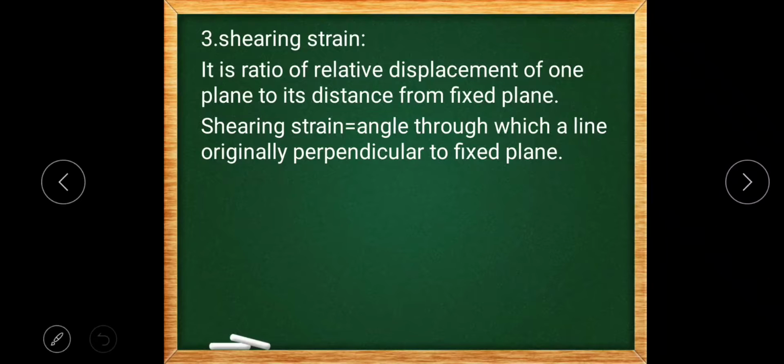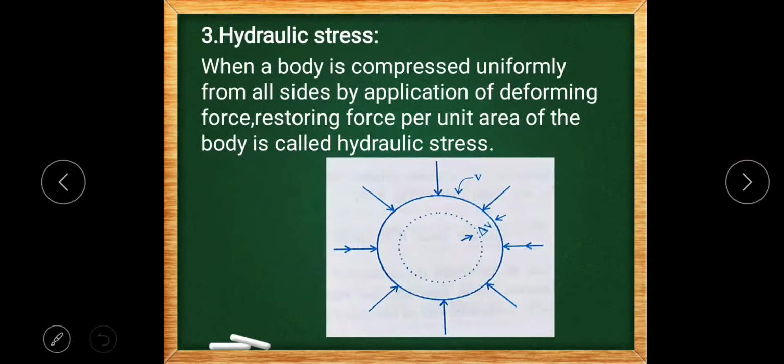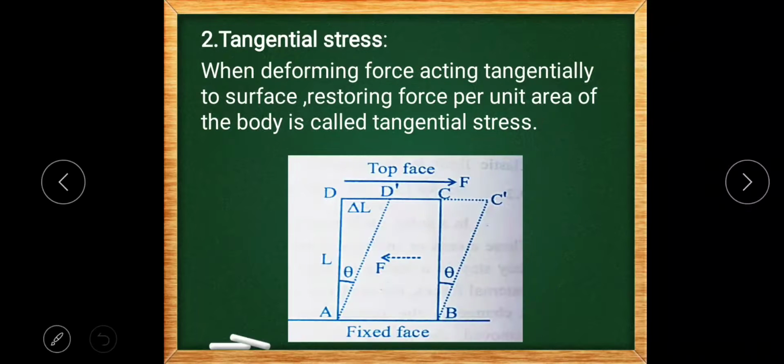As I discussed in earlier slides, in shearing stress, or tangential stress in this example, when the deforming force is applied tangentially to the surface, then the produced stress is called tangential stress, and this angle theta is called shearing strain.